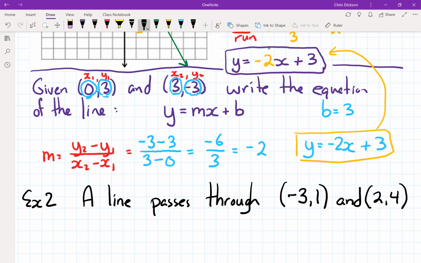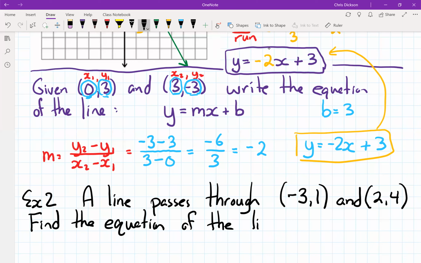Okay, so it passes through those 2 points. And we want you to find the equation of the line.